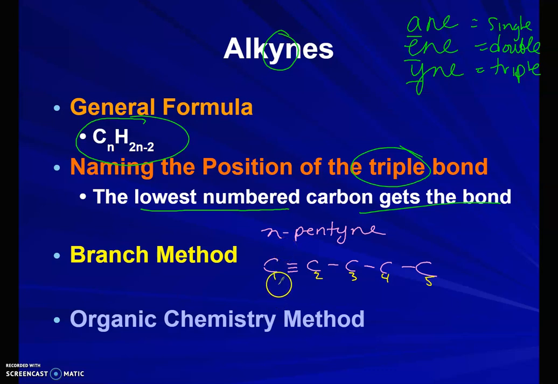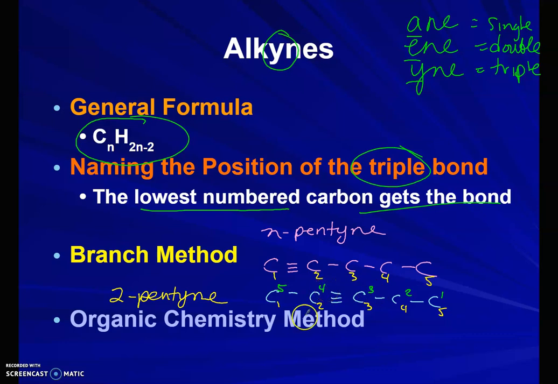And if you had your triple bond in here, where you have carbon 1, 2, 3, 4, 5 indicated, you would have your triple bond between the 2 and the 3, and this would be named 2-pentyne.